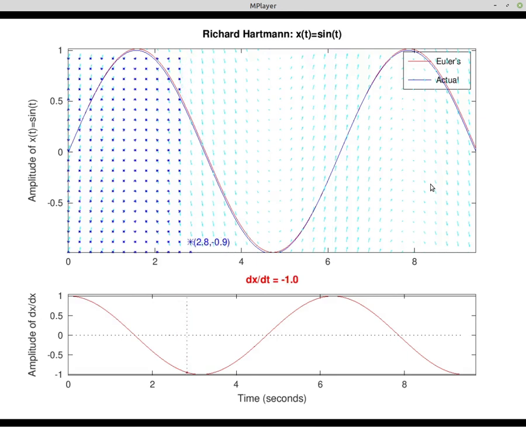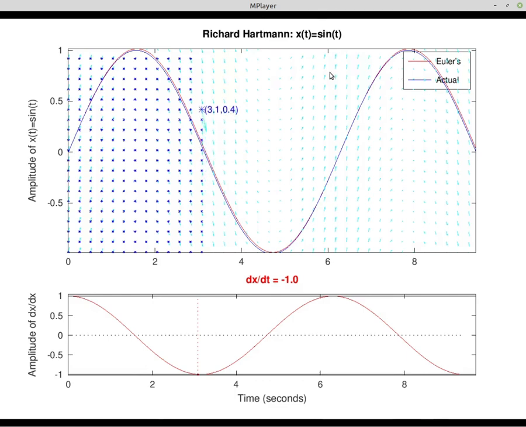If you want larger arrows or smaller arrows, you can experiment with how many points you pick. Here I had 45 points by 25 points, and the arrows are a lot smaller. I really don't like this one so well because the arrows are so small they're not really readable.